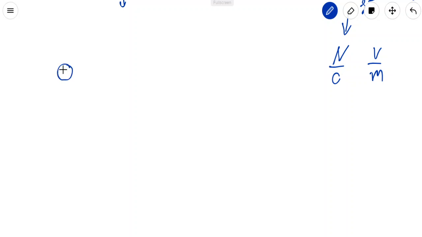Whenever we are asked to find the electric field, there must be a point charge, say q, and we are asked to find the electric field at this point, say P. Suppose we are asked to find electric field due to capital Q at point P, then we have to assume a positive unit charge placed here, and if the positive Q charge applies force on this unit charge in this direction, then it is simply our electric field.